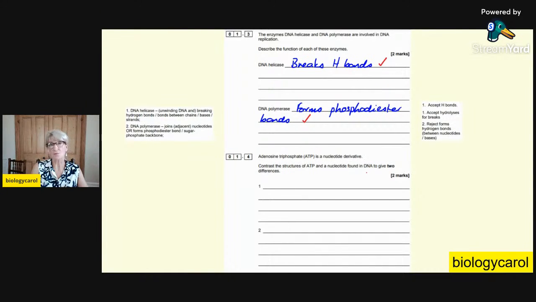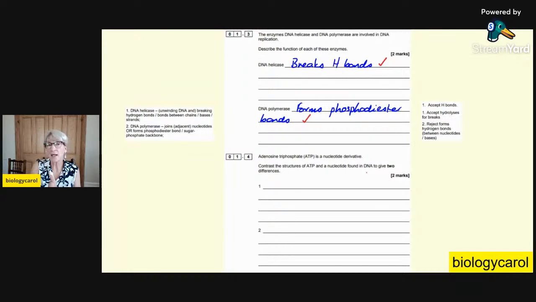Adenosine triphosphate is a nucleotide derivative. Contrast the structures of ATP and a DNA nucleotide to give 2 differences. Now, here is the crucial thing. If you're asked to compare or contrast, contrast is saying what is different, comparing is saying what is alike and what is different. Here's the really key thing.